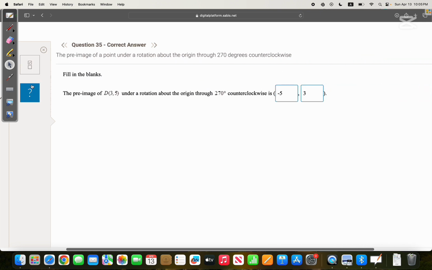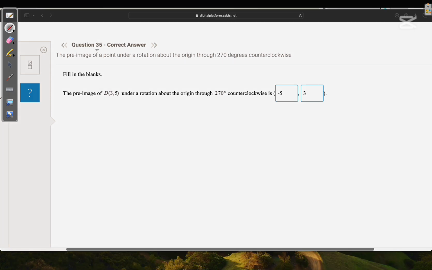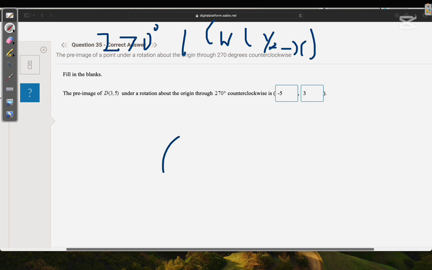35. The pre-image of D(3, -3, 5) under a rotation about the origin through 270 degrees counterclockwise. 270 degrees counterclockwise is (y, -x).